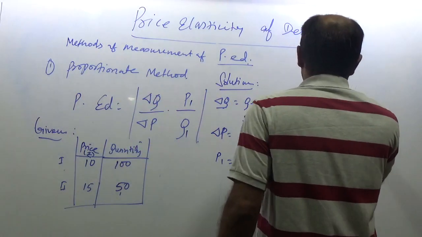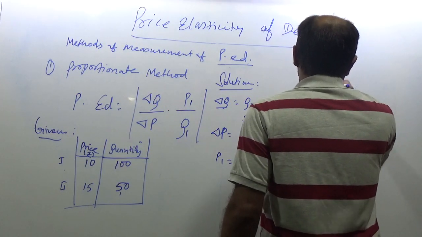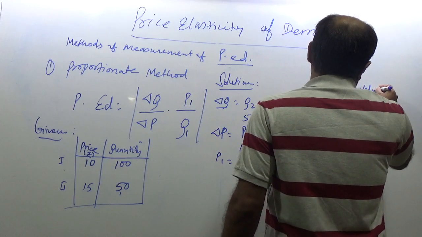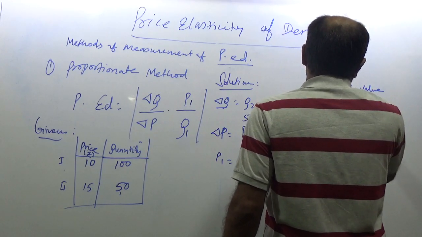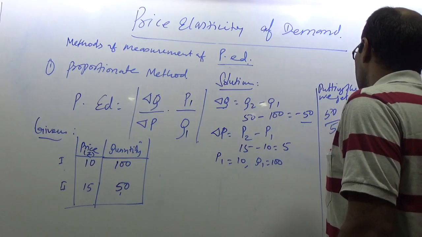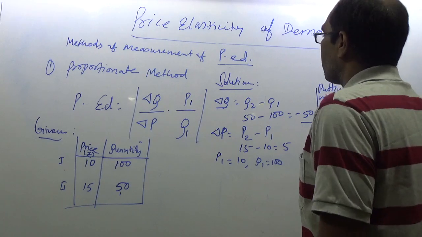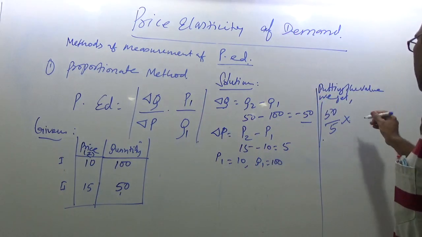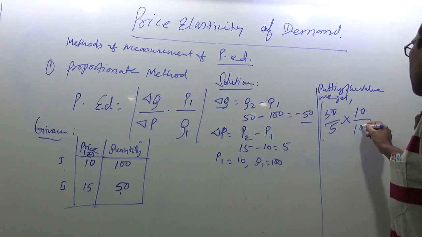So putting the value, what we get: 50 upon 5 into P1 upon Q1, P1 10, Q1 100, 10 upon 100.